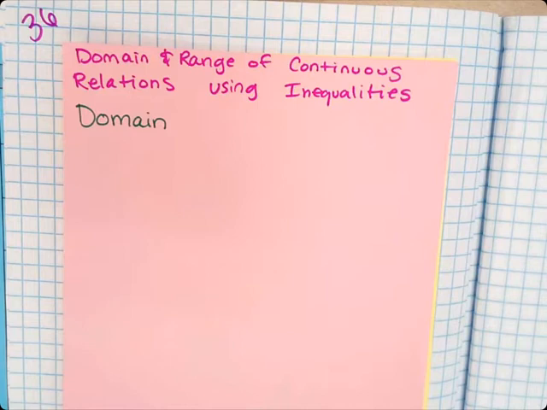So with continuous, the only way to name all the possible points that x or y can be is to write it as the values between -2 and +1. So it could be -1.3 or 0.001. The only way to list those out is using an interval or an inequality.